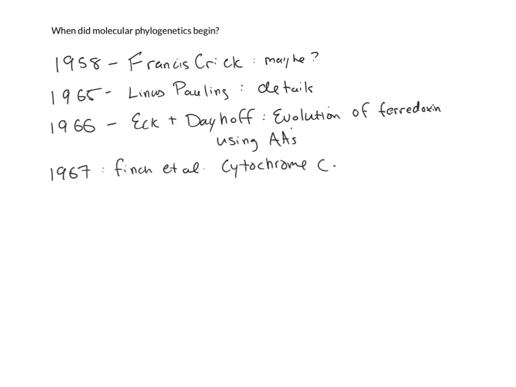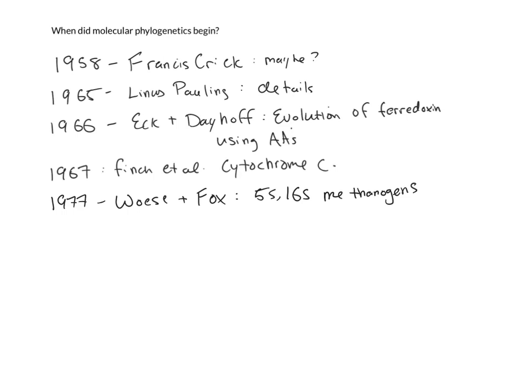But that changed to a certain extent in 1977 when Carl Woese and his postdoc George Fox released a paper where they used the 5S and 16S sequences of methanogens evolution.